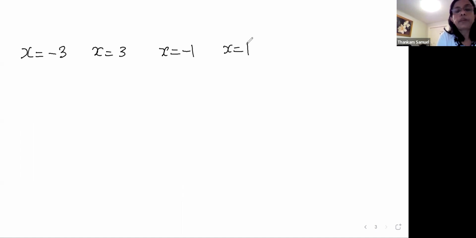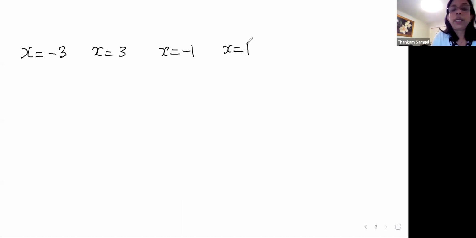So we have x equals negative 3, x equals 3, and also we have the same x values. So x equals negative 1 and x equals 1. So we need to find the corresponding values for y.